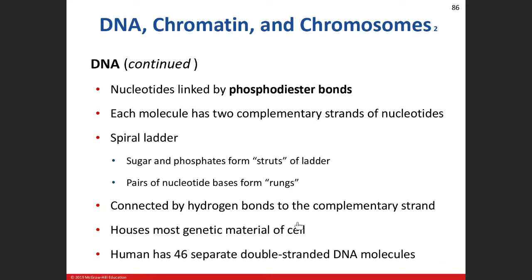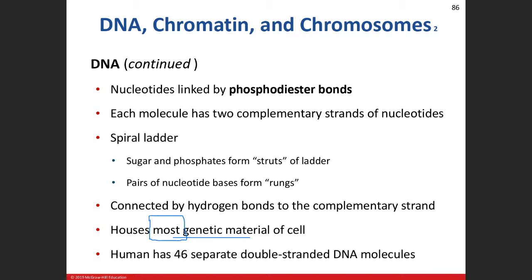It's amazing. So this is going to hold and house most of the genetic material. Notice how I said most, because if you recall, the mitochondria carry some genetic material. Actually, 16 chromosomes are present in the mitochondria. So that's where your remaining genetic material is located.